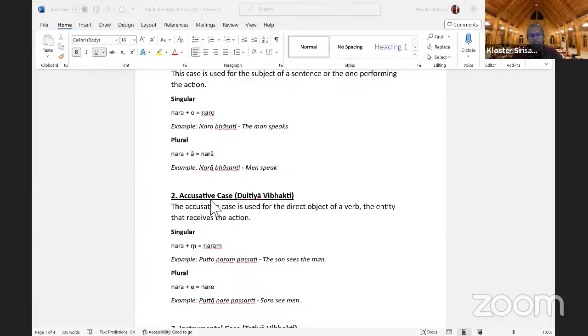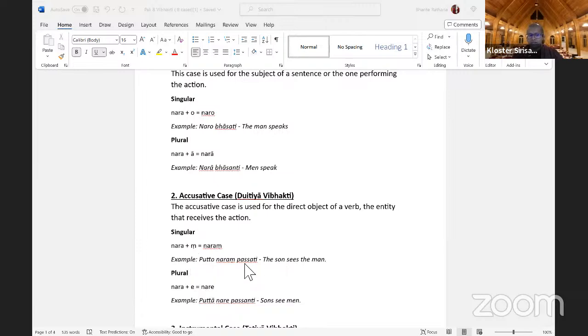Object of the verb. And here the singular is nara plus m, naram, right? Singular. And plural, nara plus e, nare.